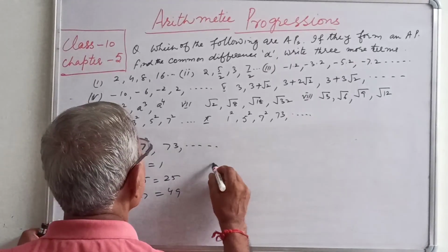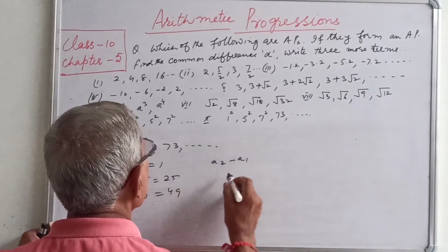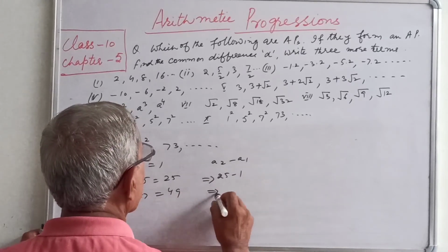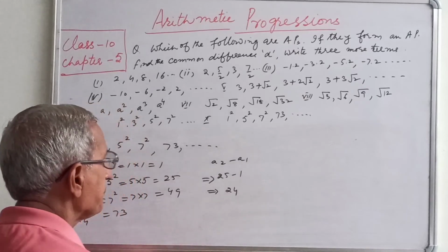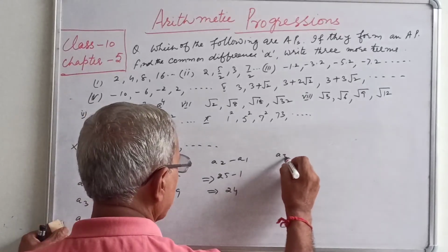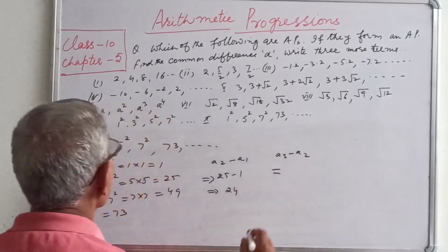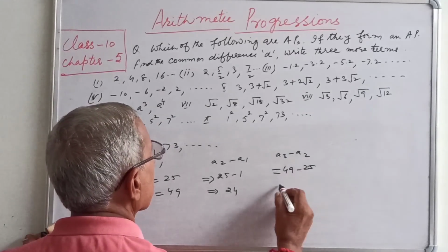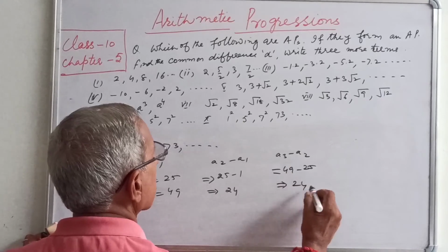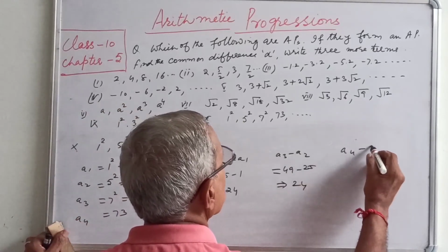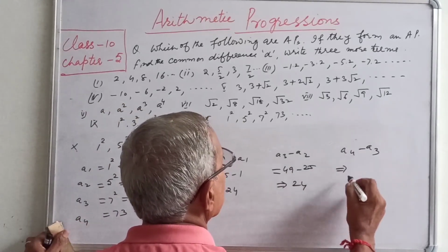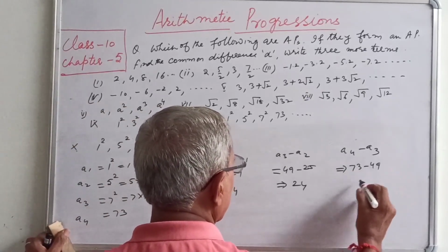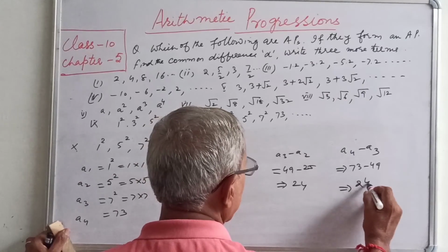So now we have to find the difference. A2 minus A1, 25 minus 1, that is 24. A3 minus A2, A3 is 49 minus 25, that is again 24. Now A4 minus A3, 73 minus 49, again 24.